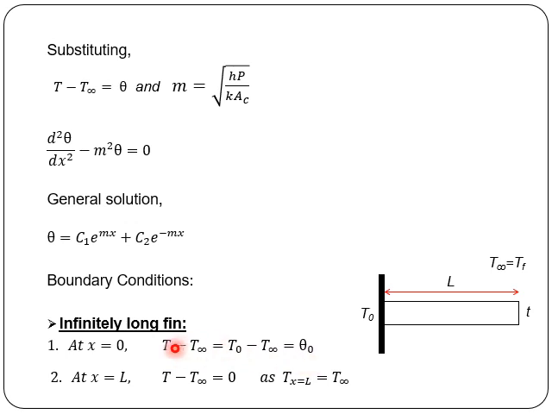If I consider theta 0 as the delta T at the base, that is T0 minus T infinity, then at x equal to 0, T minus T infinity is equal to theta 0. Similarly, at x equal to L, for an infinitely long fin, T minus T infinity will be 0, because at x equal to infinity, the temperature of the tip of the fin will be the same as the fluid temperature, T infinity or Tf. So these are the two conditions for an infinitely long fin with L equal to infinity.